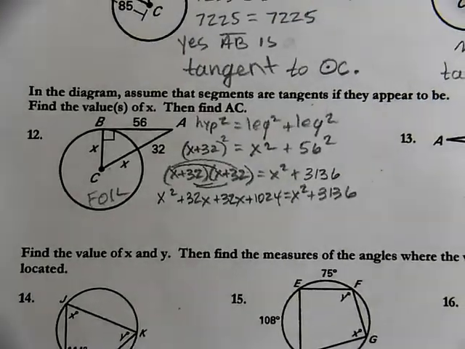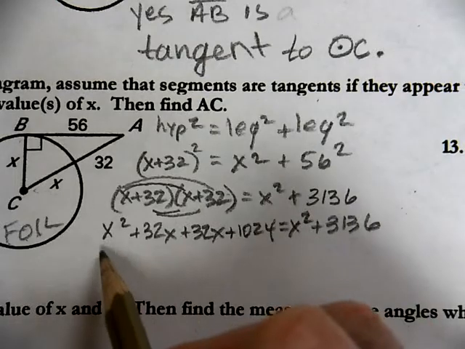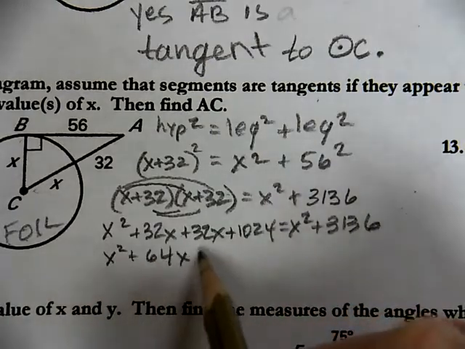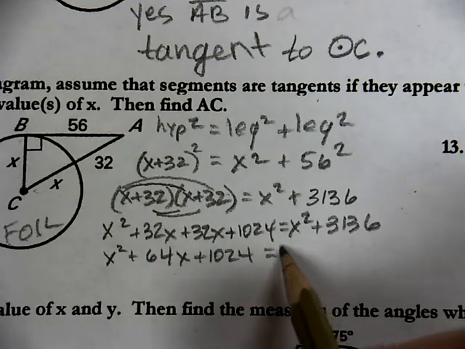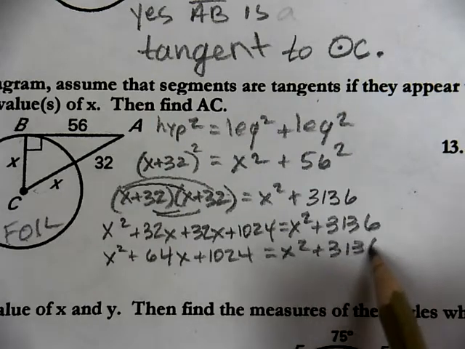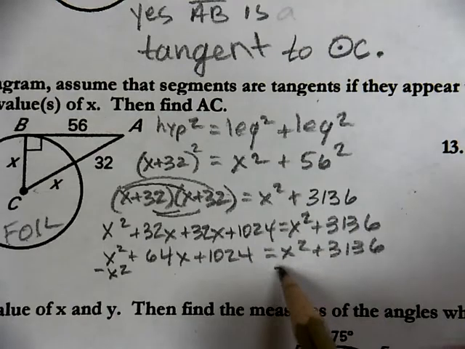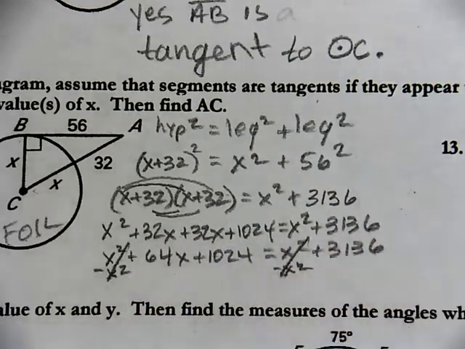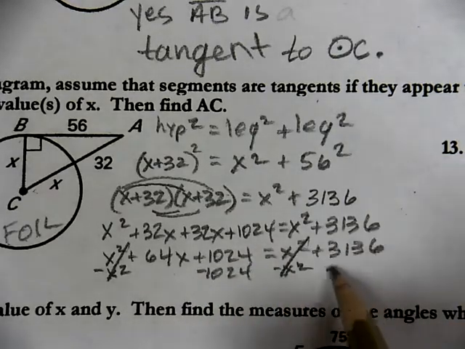Now we have simplified this down, so we're going to combine our like terms. We'll subtract our x squared, subtract the x squared. That's going to cross those out. We'll minus the 1024.